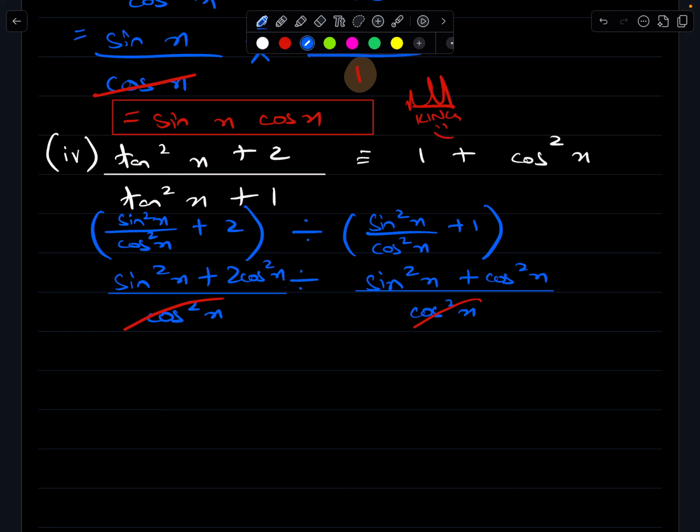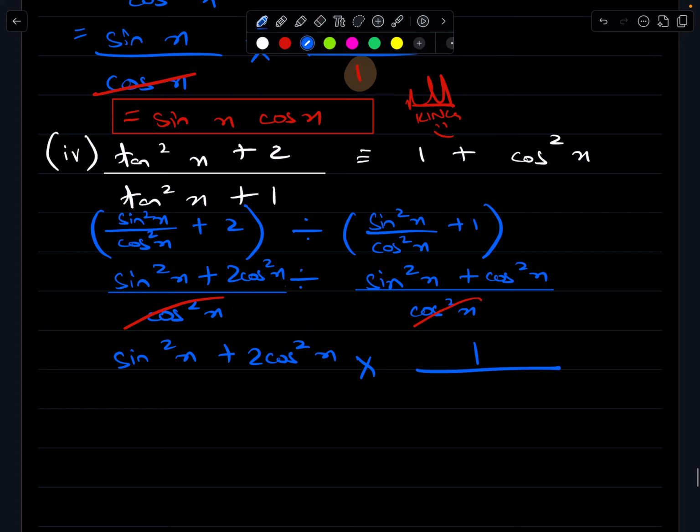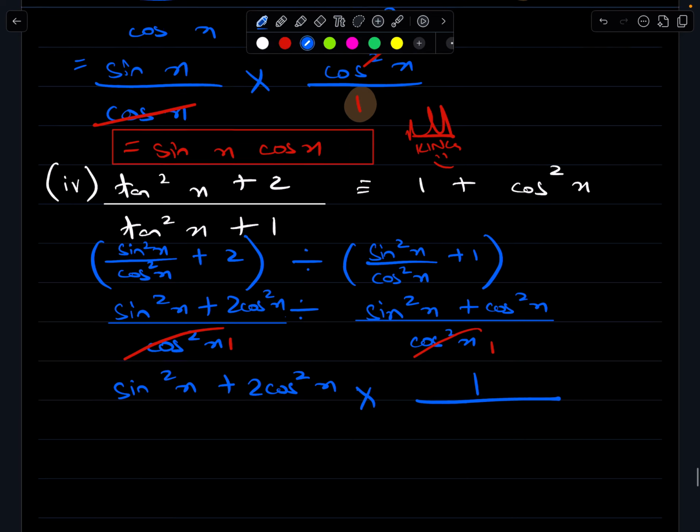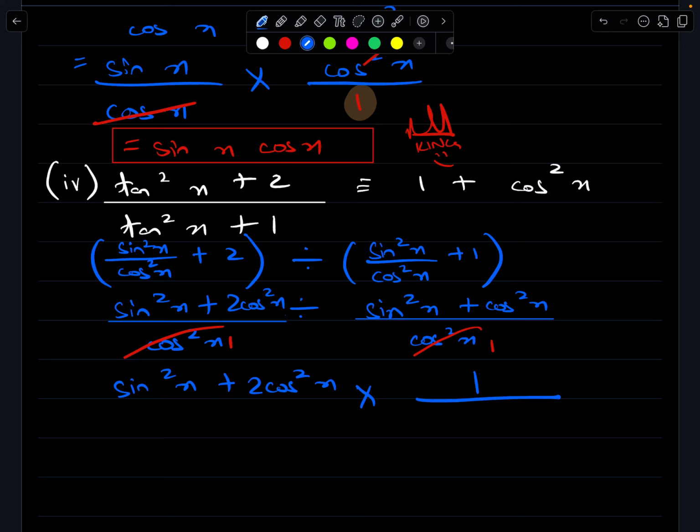Thus, we have sine square x plus 2 cos square x multiplied by 1 over, because after cancelling we'll have a 1 on both these fractions. 1 over sine, wait a second, this thing turns out to be 1 too.